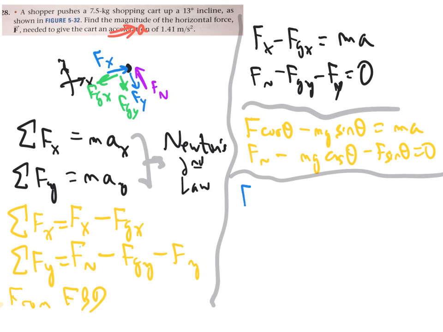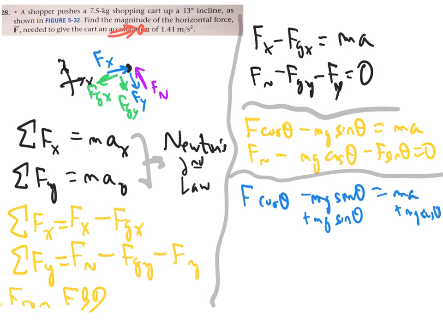So we have F cosine theta minus mg sine theta equals ma. You could plug numbers in here and solve it. I am sort of algebraically obsessed, so I'm going to solve it first and then put the numbers in.